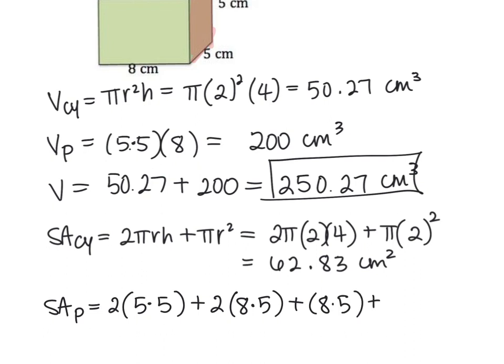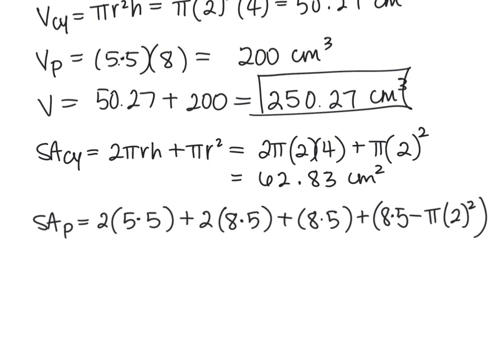So here's where we get the tricky part, is that top rectangle. We want the area of the rectangle, which is 8 times 5, and then we want to subtract the area of the circle, which is pi times the radius 2 squared. So that's where the tricky part comes in, is because we want to take out a part that's covered by the circle. So I'm going to find the area of my whole numbers first.